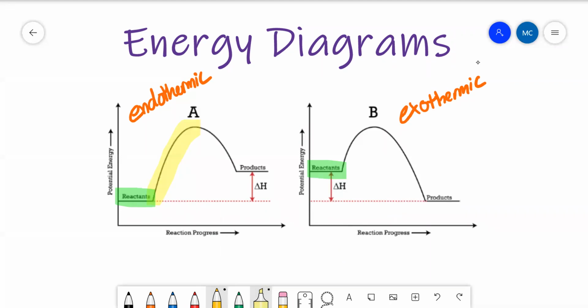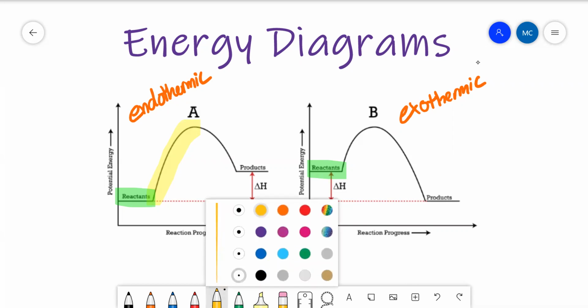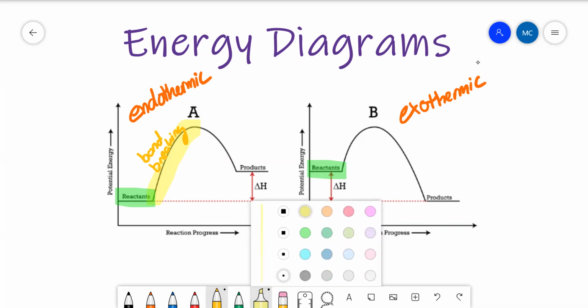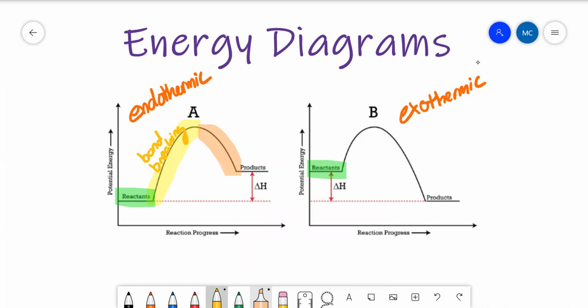You can say that the excess is the potential energy. So we're going to go up in energy. This is bond breaking. Then you are going to go into the bond making.